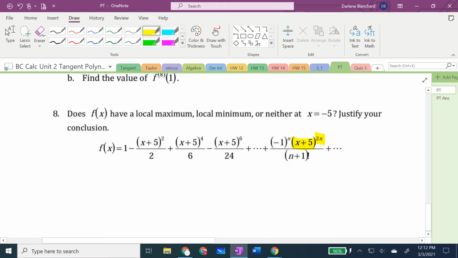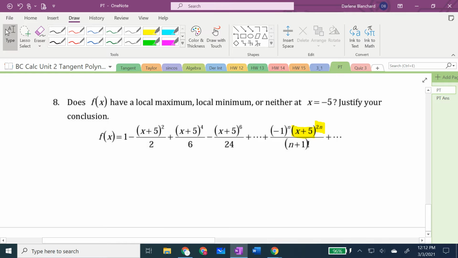The rest of it can be as messy as it is. And so with number 8, this is f of x, and we want to know if f of x is a local maximum, local minimum, or neither.